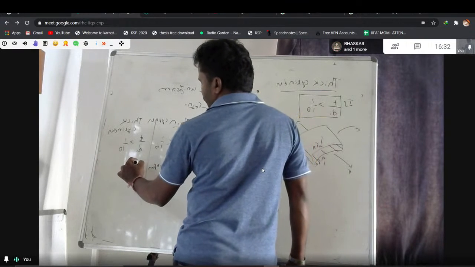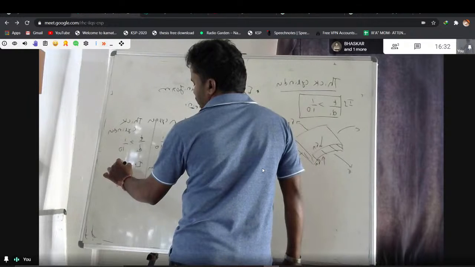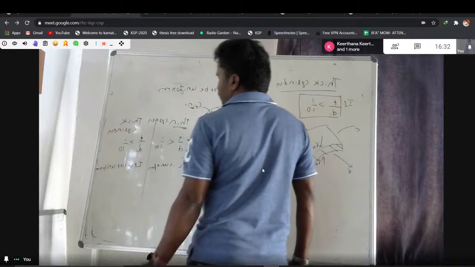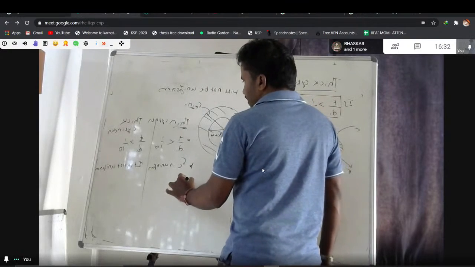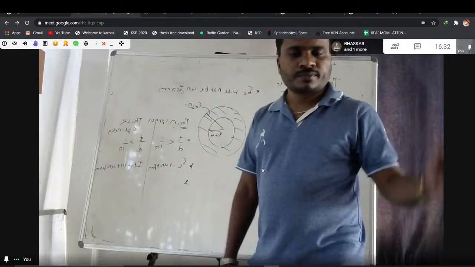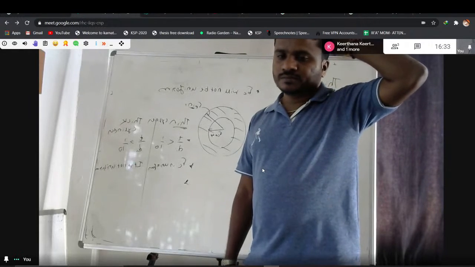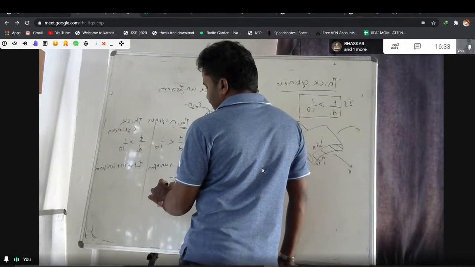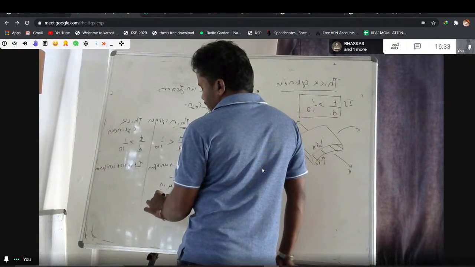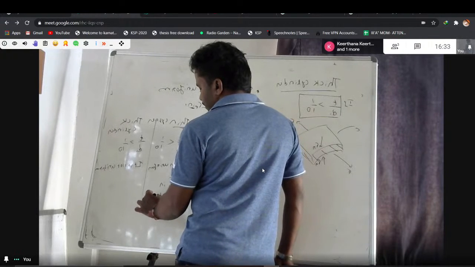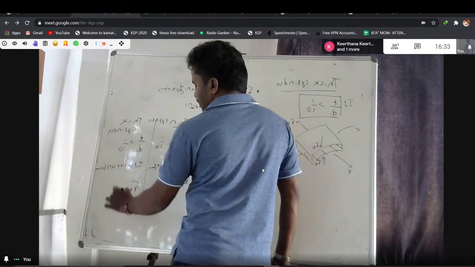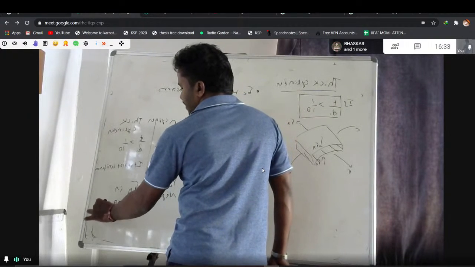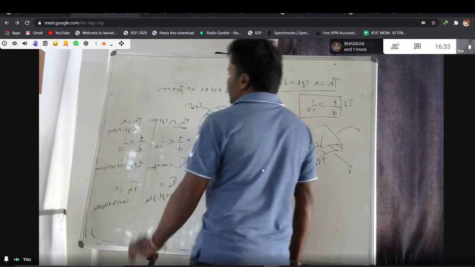Here it is not uniform: maximum at the inner surface, minimum at the outer surface. And what may be the other difference you can say? Here the radial stress is negligible. Here the radial stress is considerable. Can you tell me any other difference? Still any other difference?